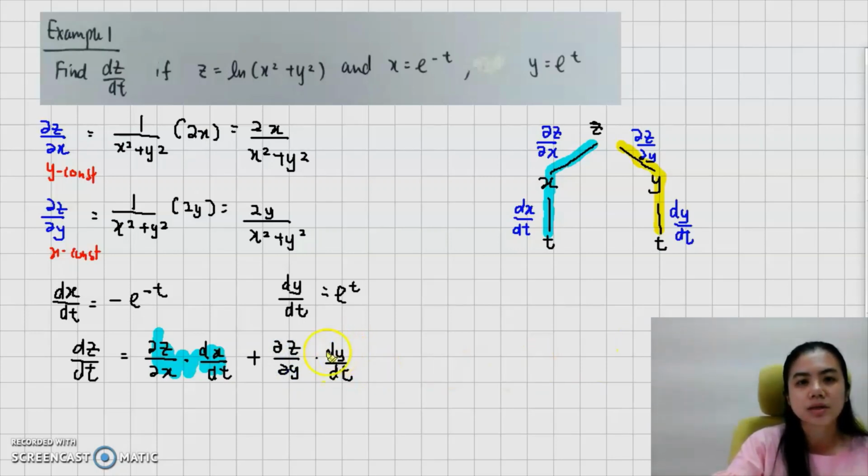This is another branch that ends with t. We're interested in ending with t, right?